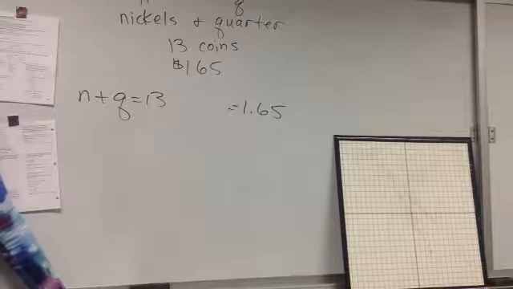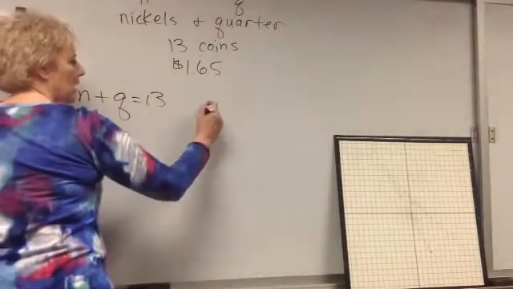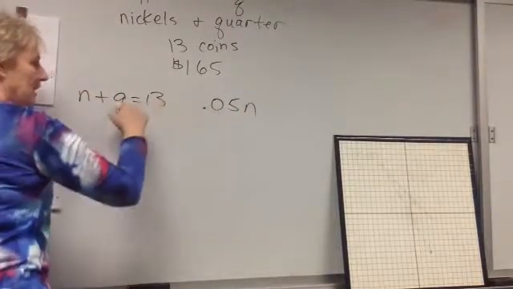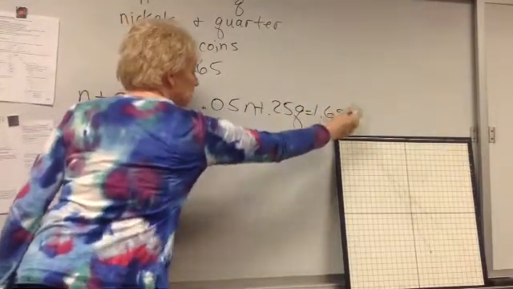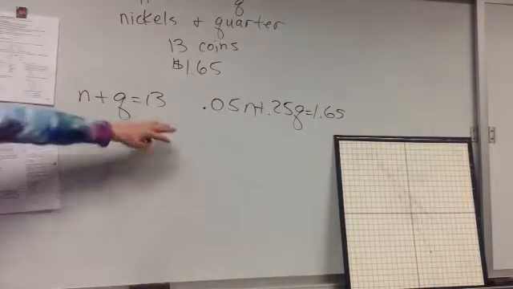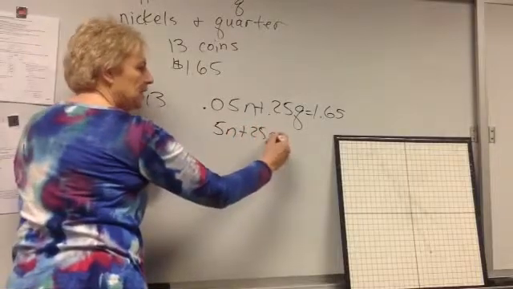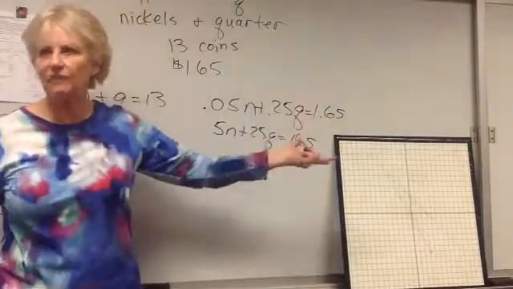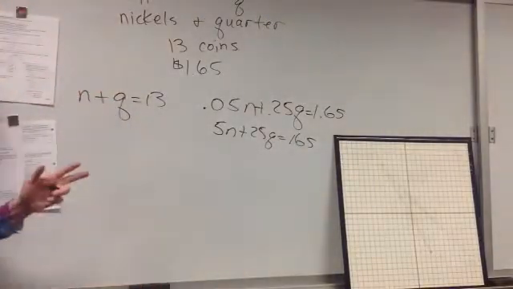A nickel is 0.05, and a quarter is 0.25, and that's $1.65. Now, I will suggest right now, forget these stupid decimals. Just make it 5N plus 25Q is 165. In other words, if it's $1.65, make it 165, and then you can change them all and not have a decimal. Every problem is done this way.